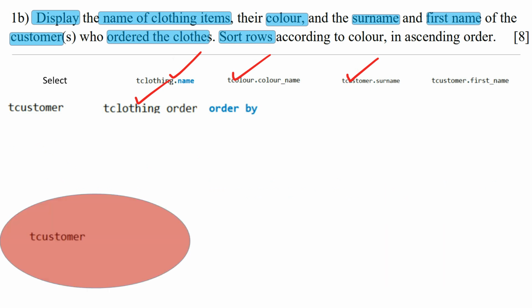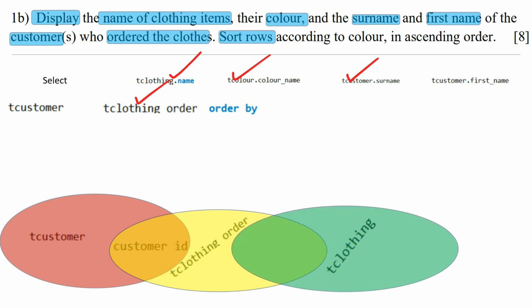Once we have this is our T customer table, right? And we also have T clothing order. So these 2 tables are linked by customer ID. Another third table that we have is T clothing.